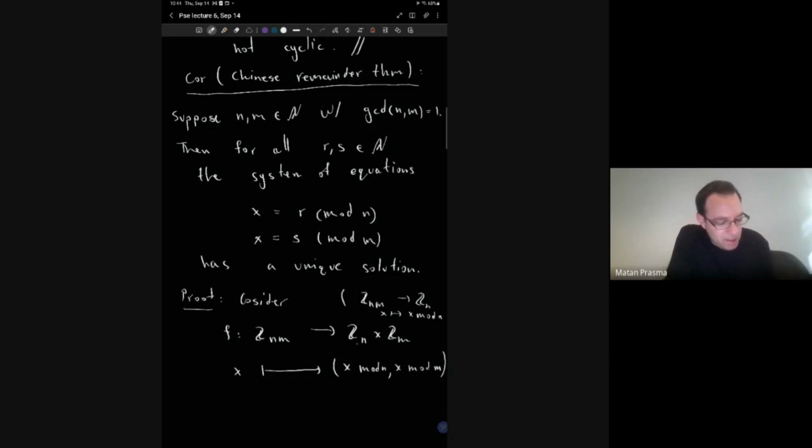And the group operation in the Cartesian product is done coordinate-wise. So this means that F is also a homomorphism, because to be a homomorphism whose range is a Cartesian product is the same as to be a homomorphism to each component of the Cartesian product.